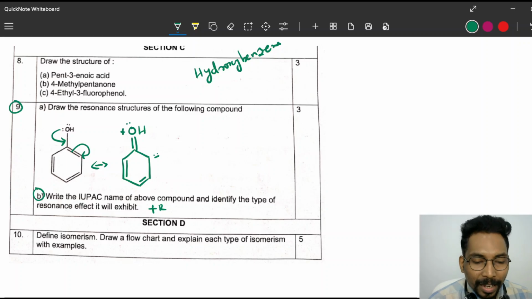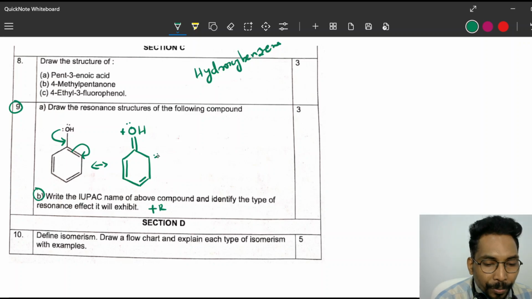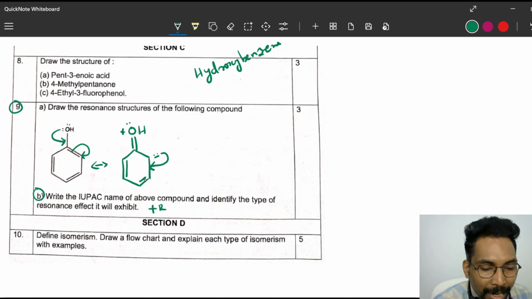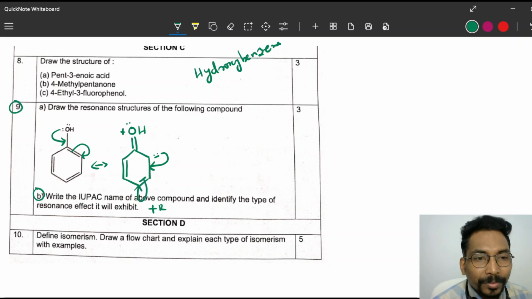Clear? Now what happens in the next step? This electron pair will be shifted to this place to become a double bond. Okay, so at the same time this bond will be shifted to this carbon. Clear? So the negative charge is shifted to this particular carbon, para position.